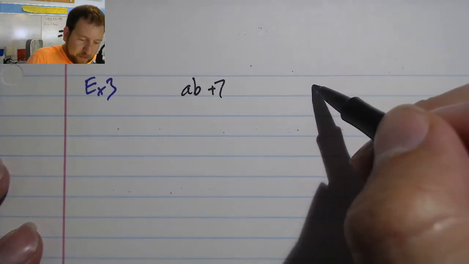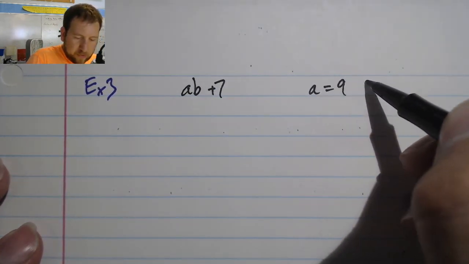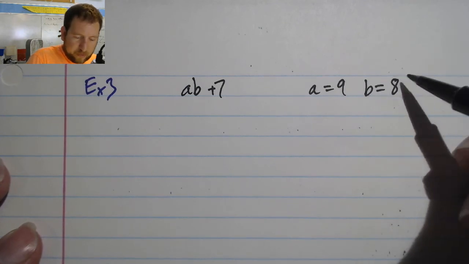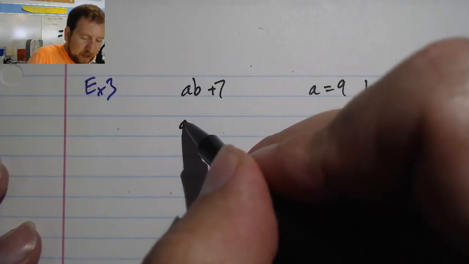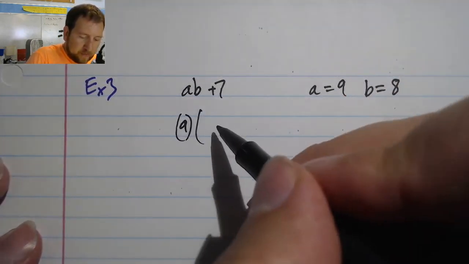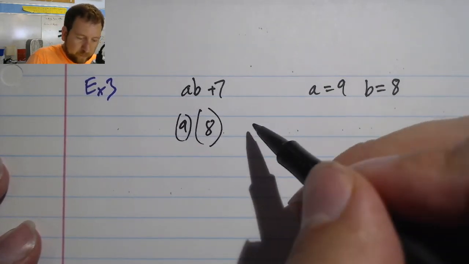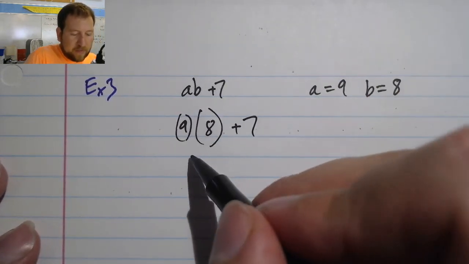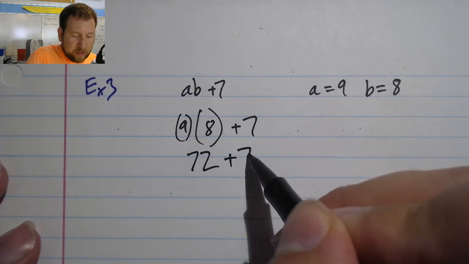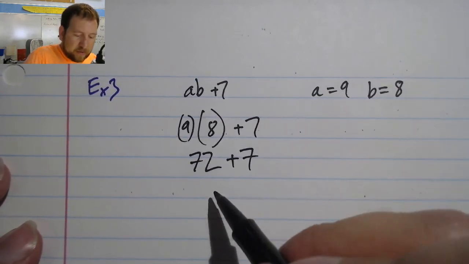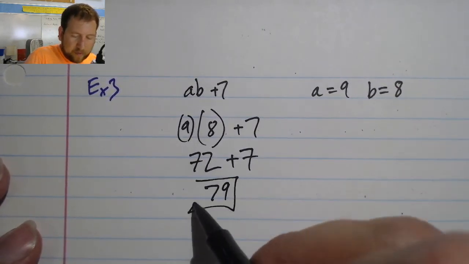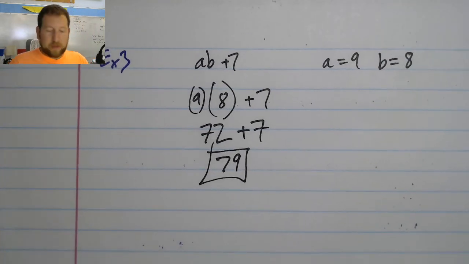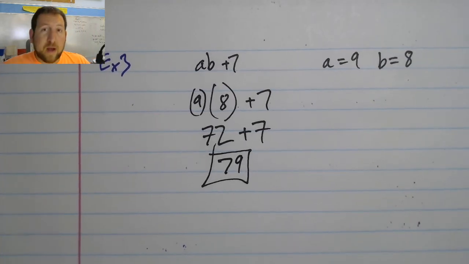A is 9 and B is 8. Okay, let me substitute it in. I have 9 times 8 plus 7. 9 times 8 is 72 plus 7. 72 and 7 is 79. There we go. That's all that we're going to be doing, is simplifying that stuff in. Go ahead and good luck.